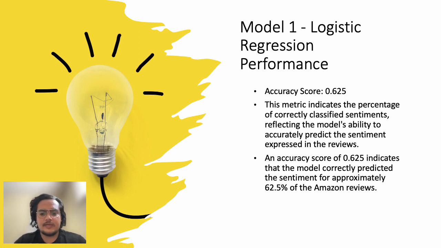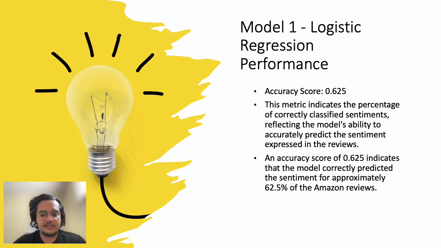Once we had our reviews cleaned and processed, we needed to convert the text data into a numerical format that our model could understand. For this, we used the TF-IDF vectorizer from sklearn. TF-IDF is short for term frequency inverse document frequency. It is a statistical measure that evaluates how relevant a word is to a document in a collection of documents.